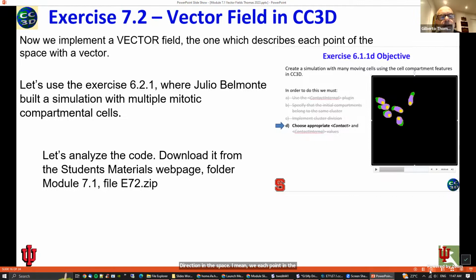And we are going to show this in that simulation that Julio has showed you yesterday with that bunch of cells, the mitotic compartmental cells in the movie. So we are going to assign to each cell a vector.